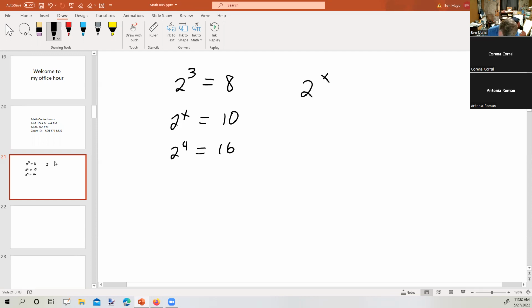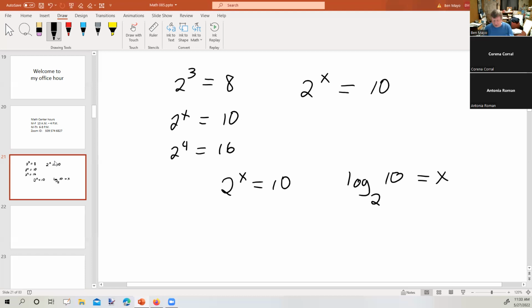So the question is, when we have an equation and the unknown is an exponent, how do we go about solving for that exponent? And the answer, at least one of the answers, is something called a logarithm. And that's what we're going to be looking at today. If I have the equation 2 to the x power equals 10, that is equivalent to the equation log base 2 of 10 equals x.